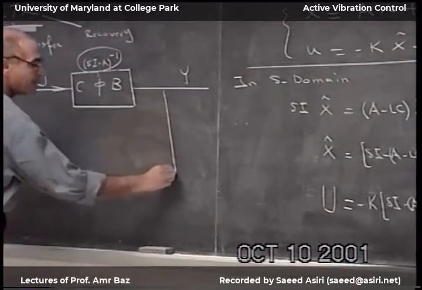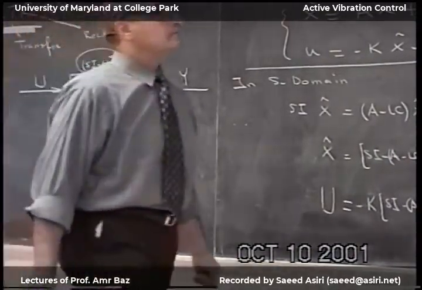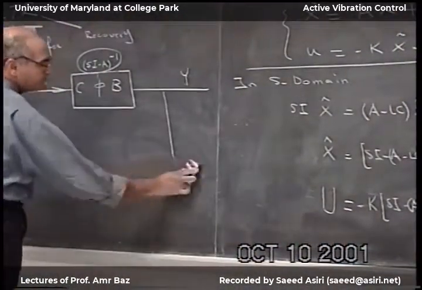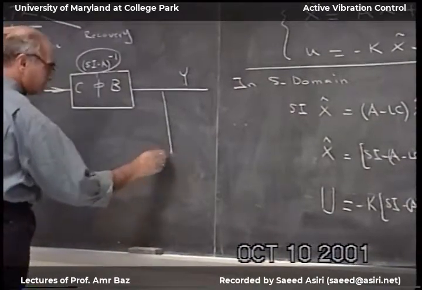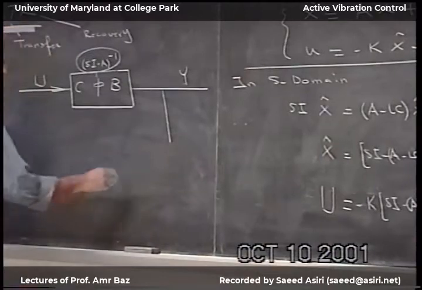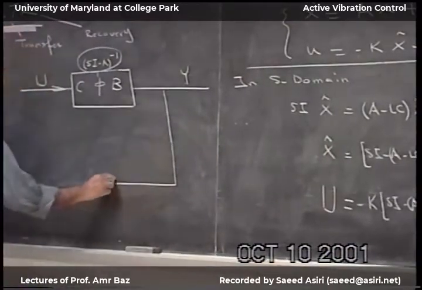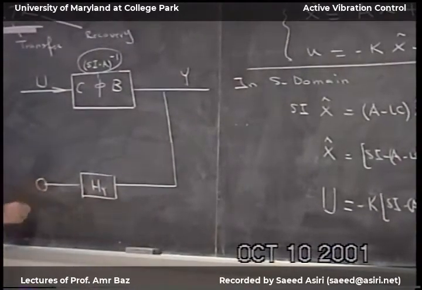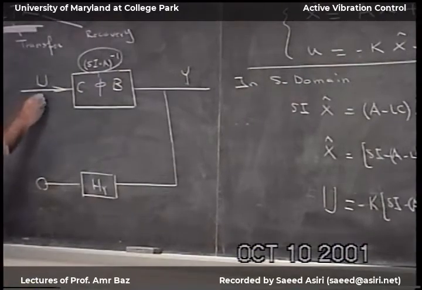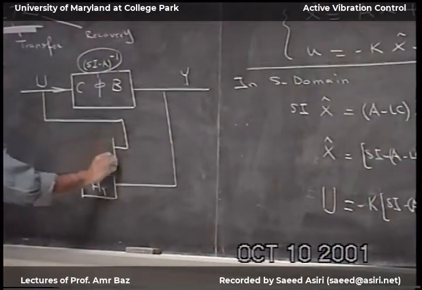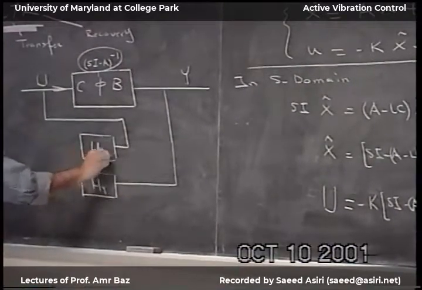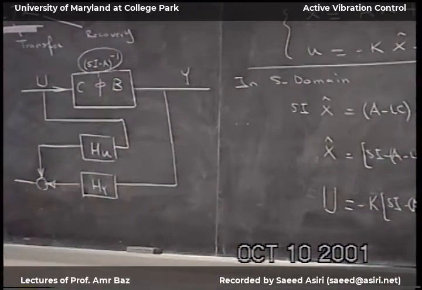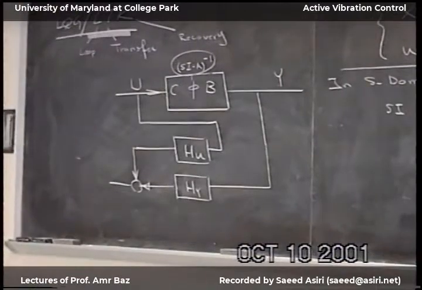Now I take the y, multiplied times Hy, and take the u, multiplied times Hu, and sum both of these up. This is what we have.